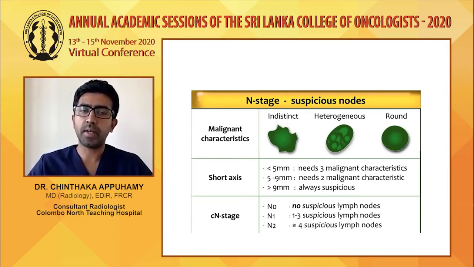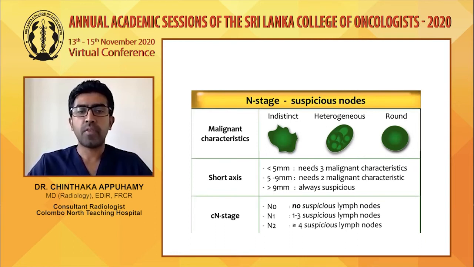So we can further categorize. When the short axis is less than 5 millimeter, if we have all three malignant characteristics, we take them as suspicious nodes. When the short axis is 5 to 9 millimeter, we need at least 2 malignant characteristic features.